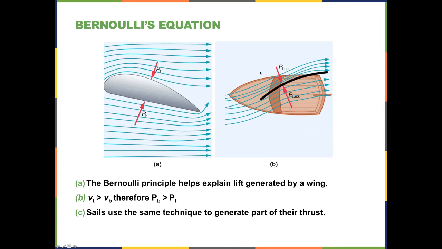Similarly, if the velocity is greater on the bottom than on the top, then the pressure will be greater on the top than on the bottom, and vice versa. And so you use that to either cause motion in this direction or motion in this direction. So for example, the velocity in the front here is greater than the velocity of the back here, and therefore the pressure in the back is greater than the pressure in the front, and this leads to a motion in this direction.